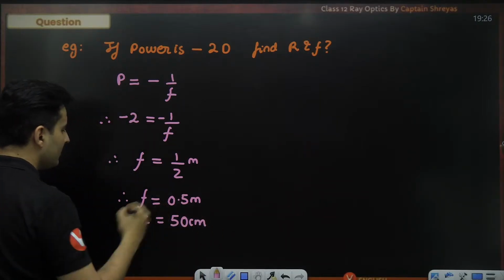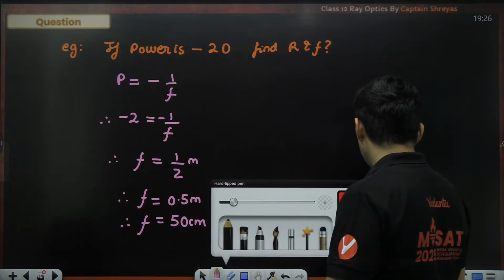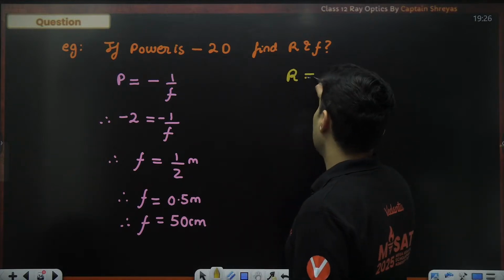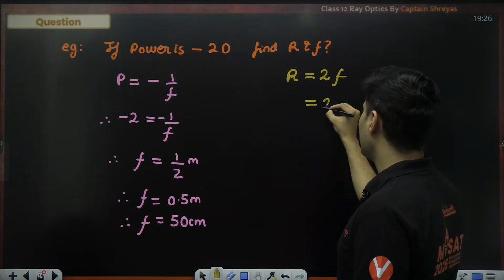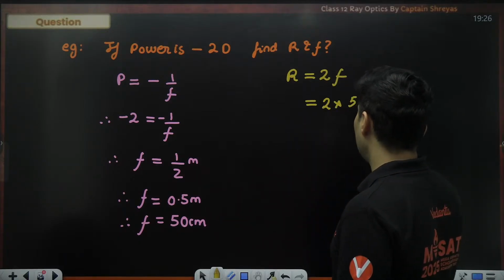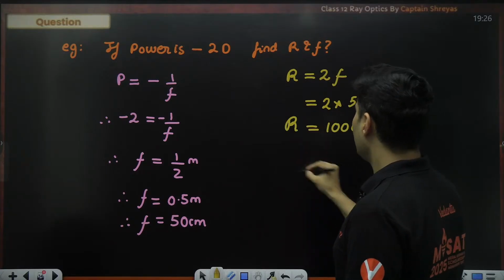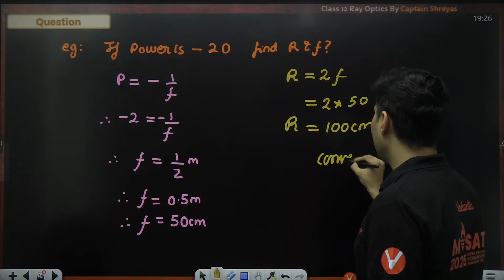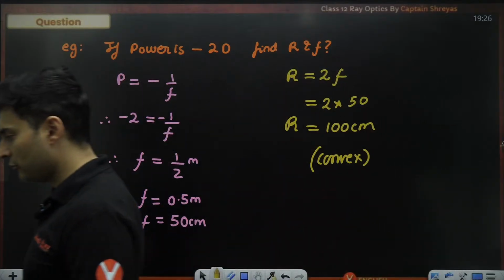So the focal length is 50 centimeters. Next thing, we'll find the radius. Radius is 2 times the focal length, and focal length has come out to be positive. Use it as it is, 2 into 50, which is 100 centimeters. This is obviously a convex kind of mirror because focal length, radius, everything is positive.